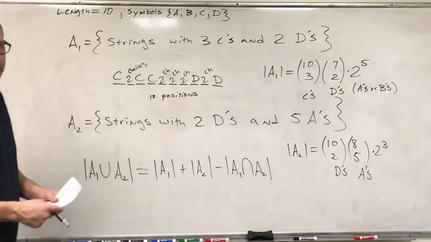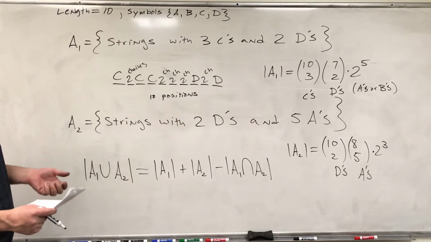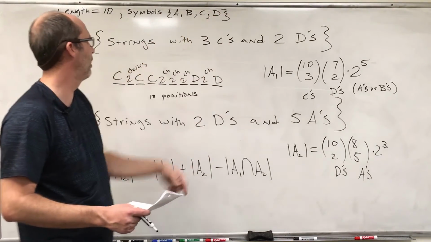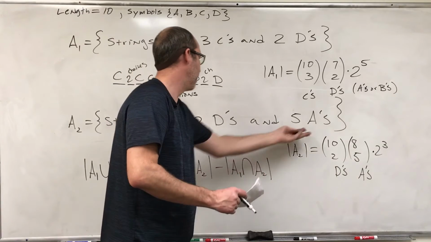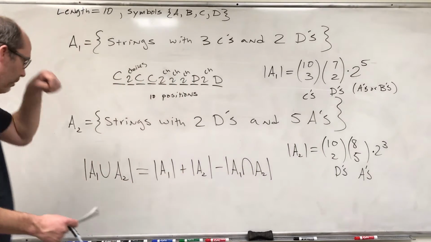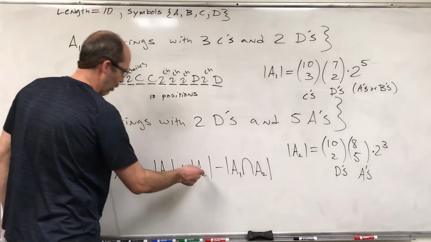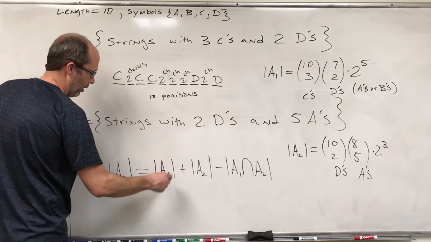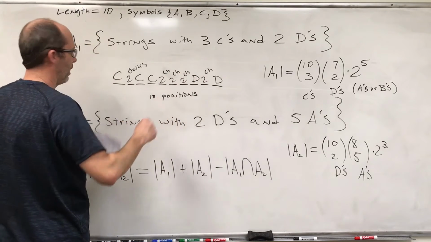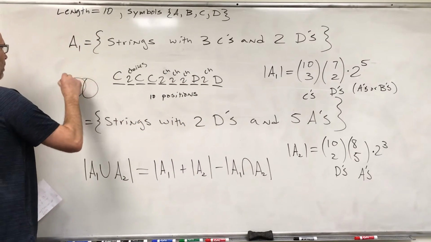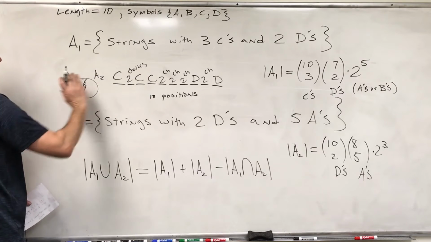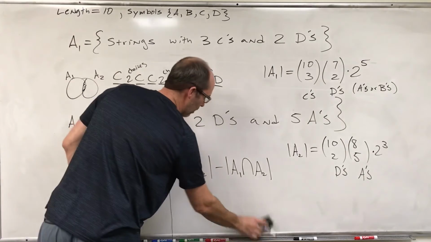Sure. So this would not be 0. There is something we're overcounting when we count just these and add that to just these. There's something in the intersection that's counted twice, and that's why we've got to subtract it off.